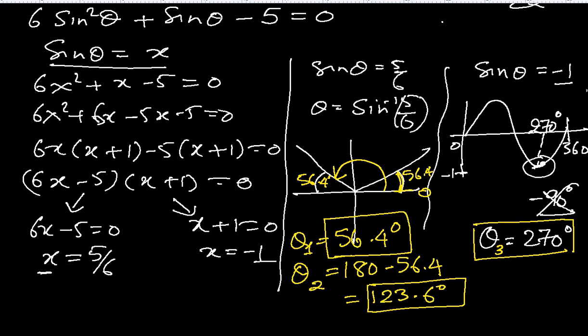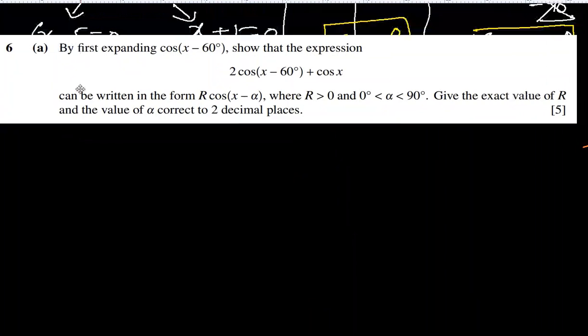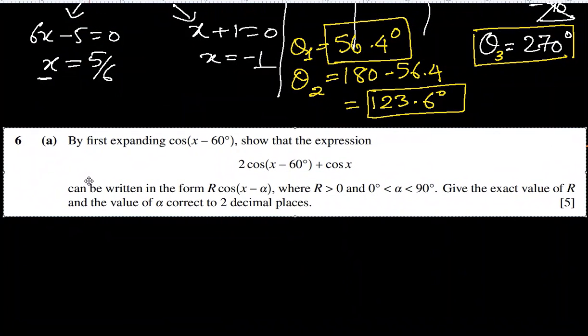Let's move on to the next one, which is again a trigonometric equation, but rather an expression in a different look. I love it. So let's see what we can do here. By first expanding cos(x minus 60 degrees), show that this plus cos x can be written as r cos(x minus alpha).